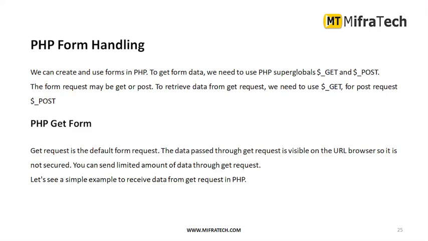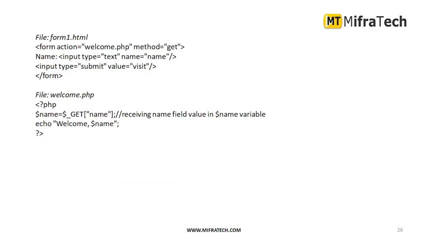Let's see a simple example. We have form1.html and welcome.php, and the get data is displayed in the browser URL. Echo welcome, and the name is displayed. We have to specify the form action in HTML. Form action welcome.php, method is get.